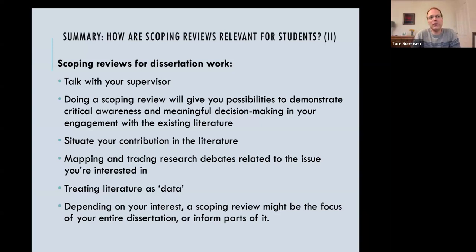So a short scoping review, or a rather small scoping review, but very focused, that could then inform the way that you analyze a specific policy. In this way, combining a scoping review with empirical work, where you analyze a policy, for example. But at the same time, a scoping review can also be a very large project, and it could also take up your entire dissertation, I would argue.